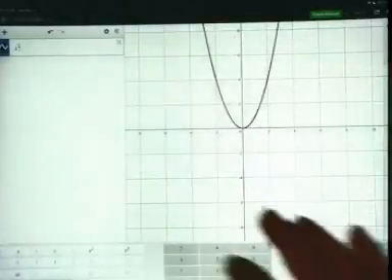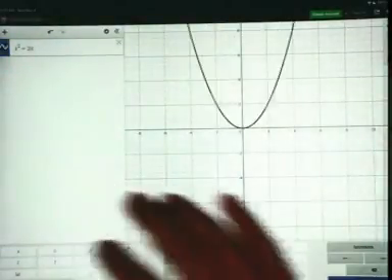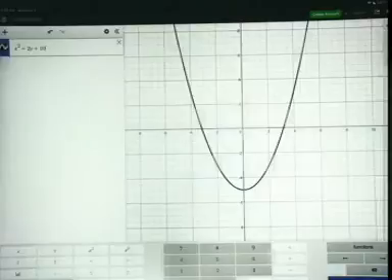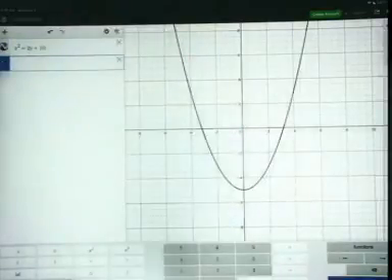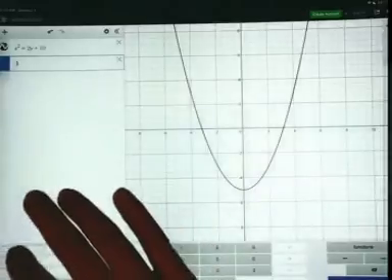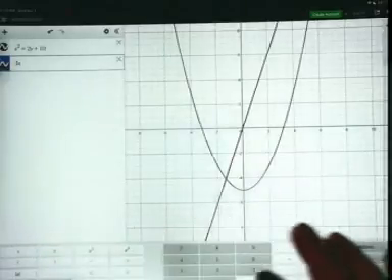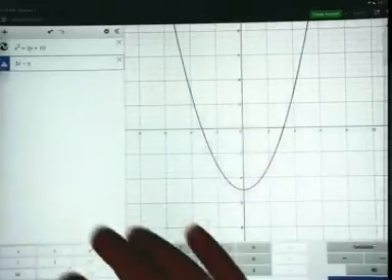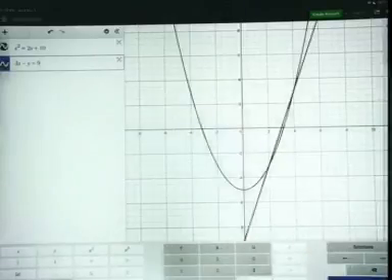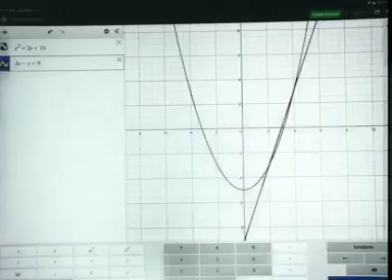X squared is equal to 2y plus 10. So there's our parabola. And then the second equation is 3x minus y equals 9. And there's the line.